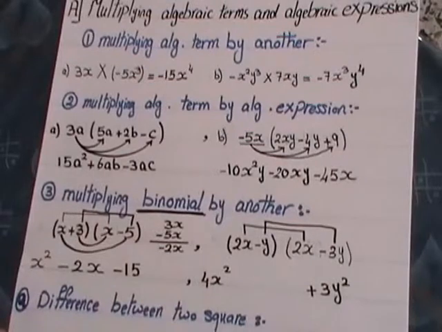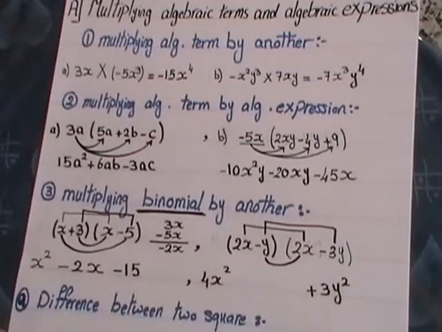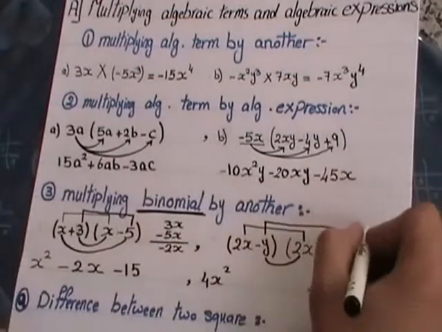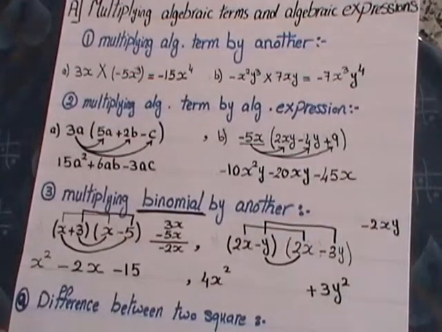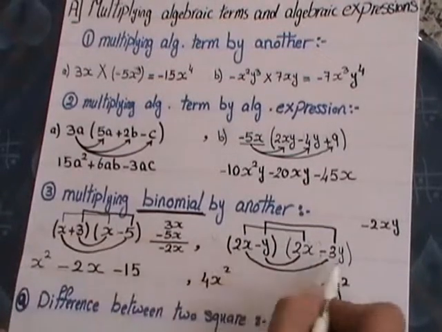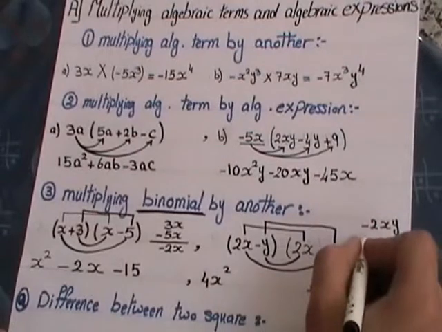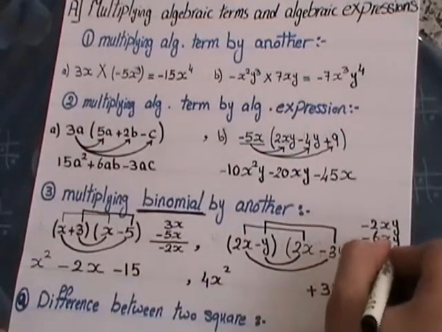We add the powers. What do we want to find? Yes, the middle term. How can we find the middle term? By multiplying the means: negative y times 2x equals negative 2xy. And the extremes: 2x times negative 3y equals negative 6xy.